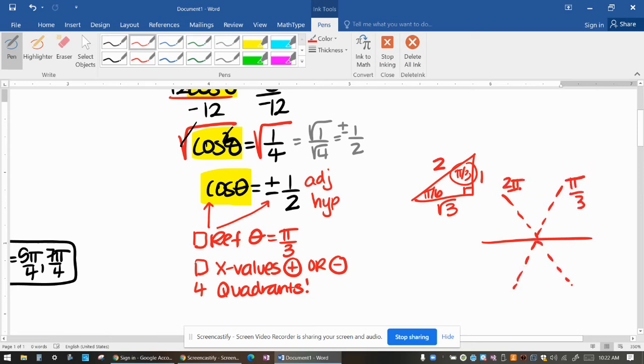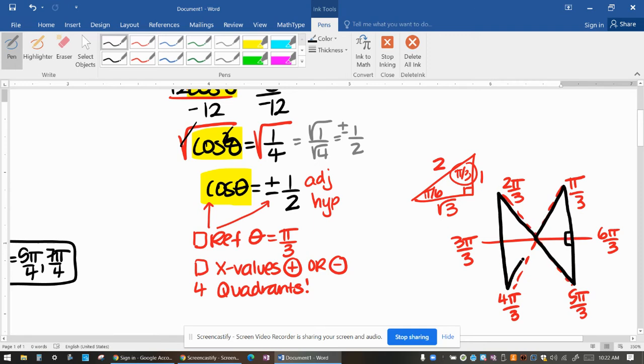Again, you don't have to do this. You really only need to label 3 pi over 3 and 6 pi over 3, which are the ones that reduce to pi and 2 pi. And then fill in your triangles. So remember, your reference angles are pi over 3 in all of these.